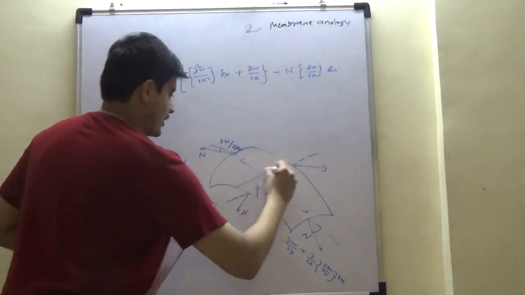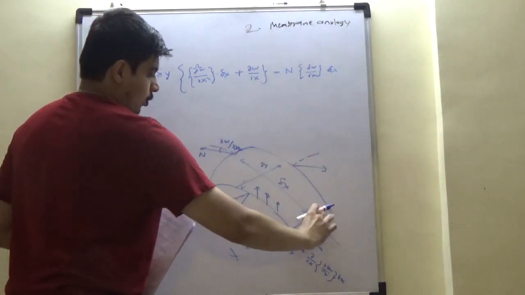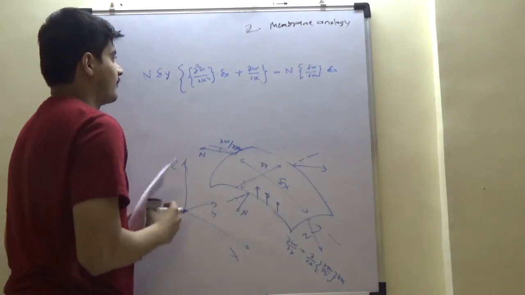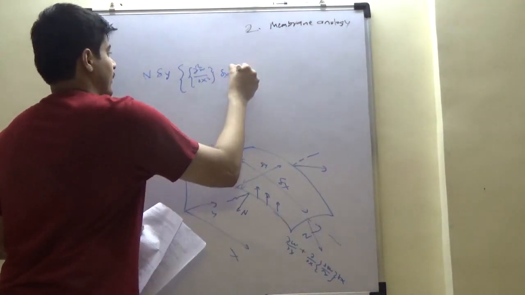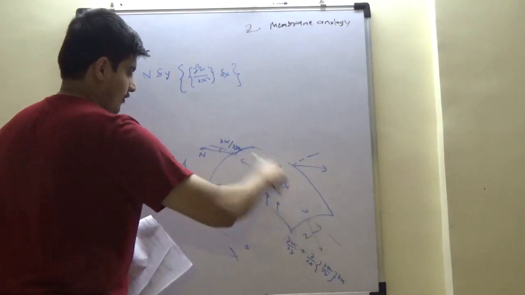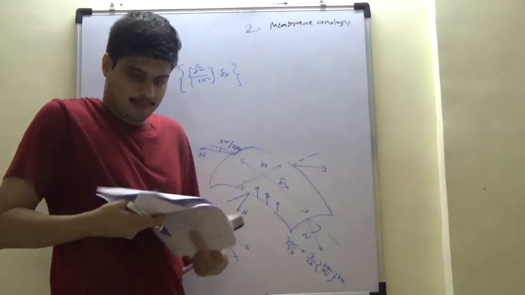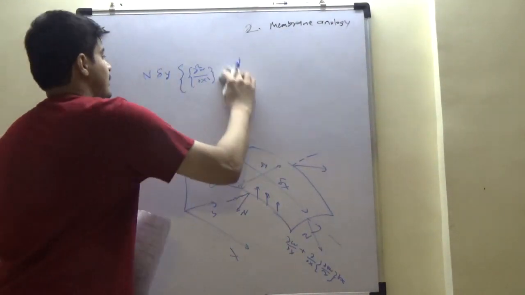If this is delta X and this is delta Y, there is one variation over X, which means this factor can go out. This is the contribution of these loads acting along this surface. Delta X, delta Y is anyway unit length, so this can come out.